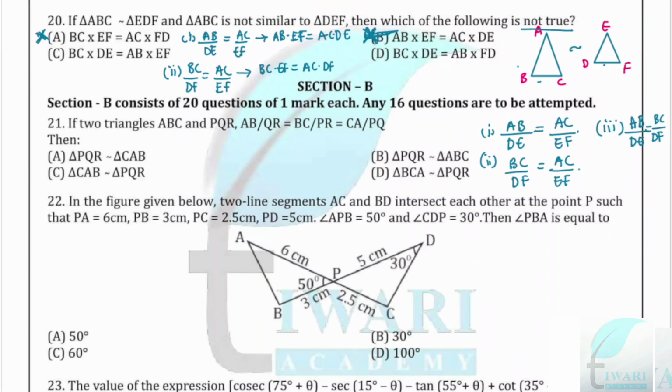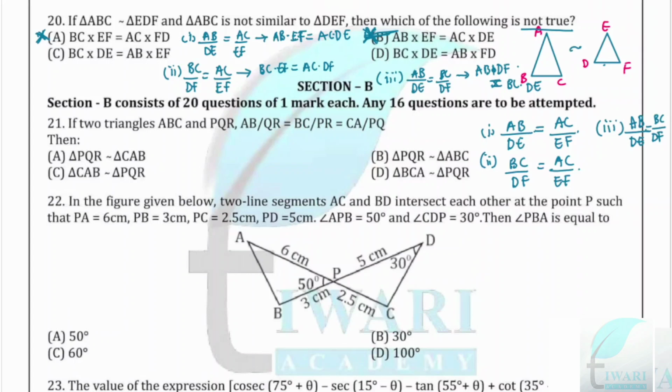The third one is AB by DE is equal to BC by DF, which can be written as BC into DE is equal to AB into DF.